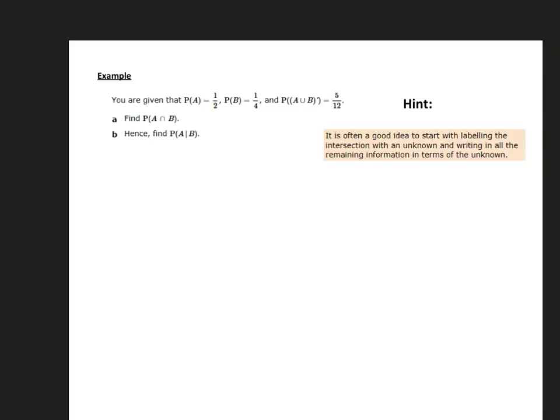Okay, here's another one. So we're given that the probability of A is a half, B is a quarter, and not A or B is 5/12. And we want to find out some probabilities. So again, let's draw a Venn diagram.